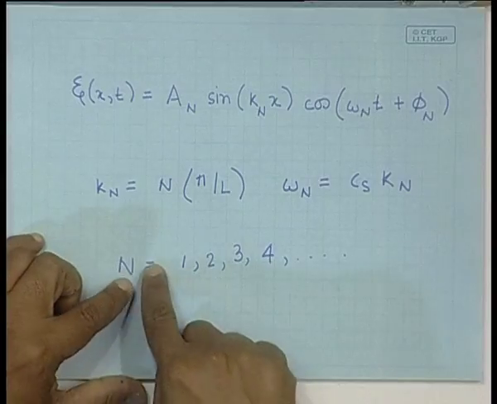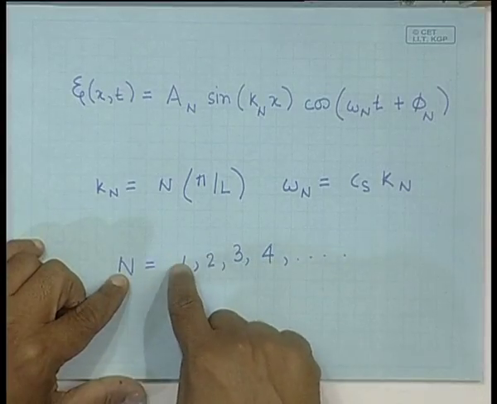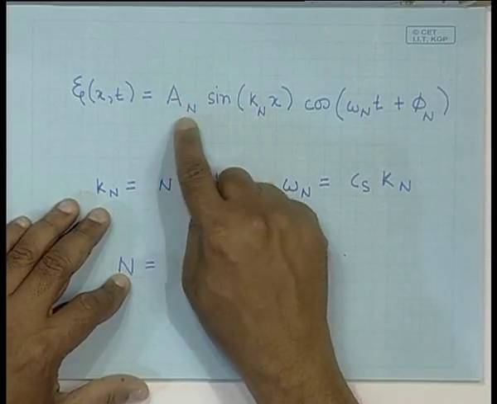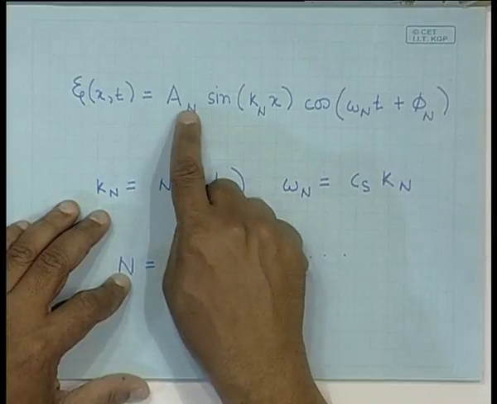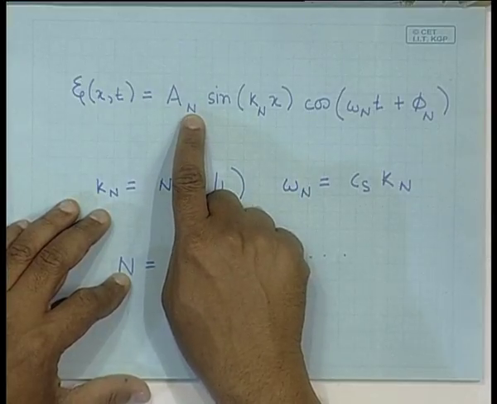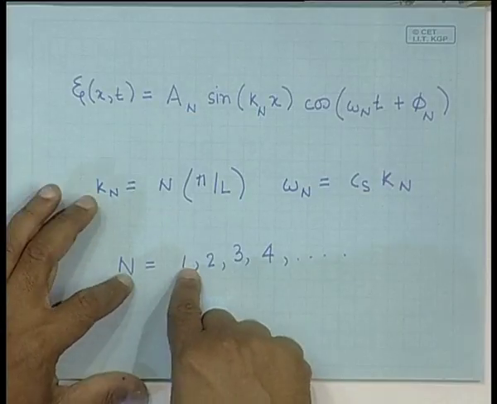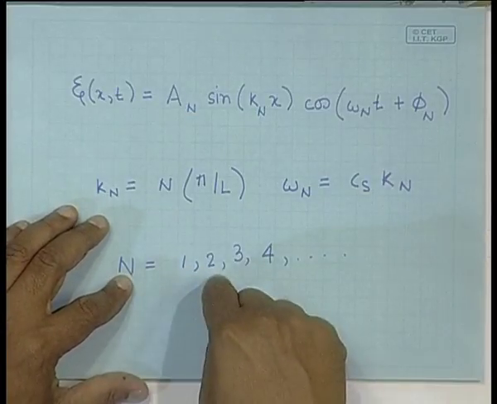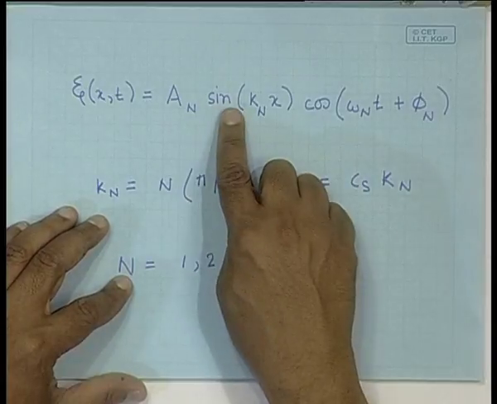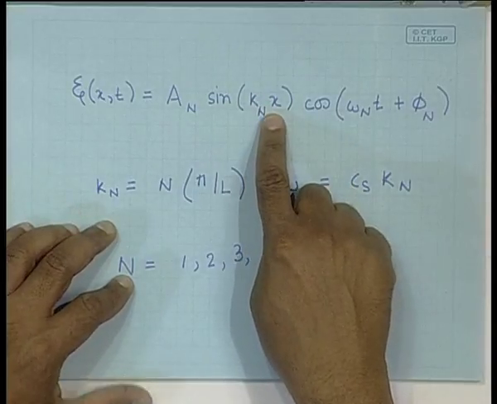And the solution corresponding to any value of the integer we can write in terms of an amplitude a n. I am maintaining a subscript here to show that we are looking at the solution corresponding to a particular value of n. If I change n, I will get a different solution. So, a n sin k n x.